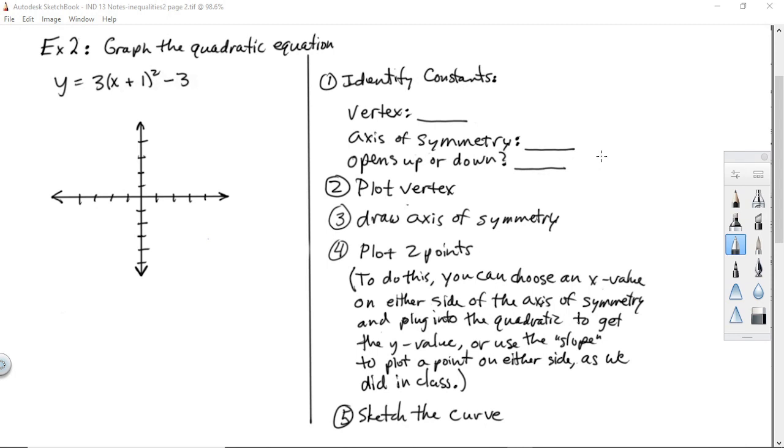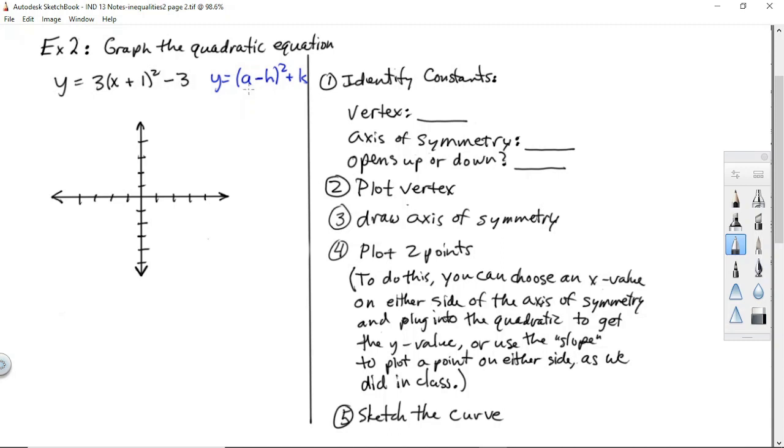So what is the vertex of this one? Well, again, I'll write down that vertex form over here. So we look for this h.